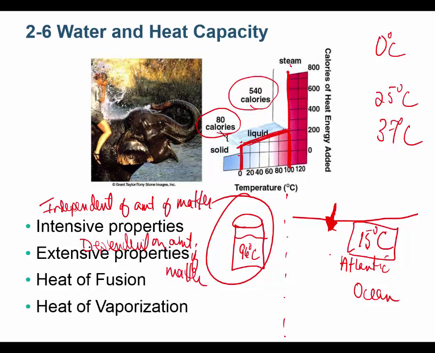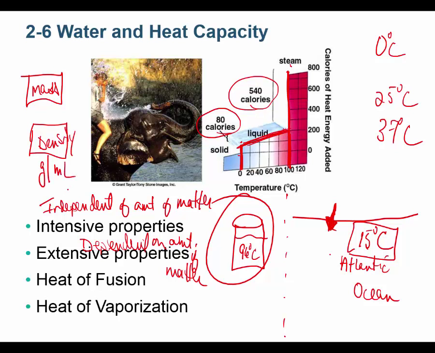You could say the mass is an extensive property, but the density is not. How much something weighs, the mass, of course is an extensive property. It depends how much is there. But the density is grams per volume, say grams per milliliter, and that's independent of how much is there.